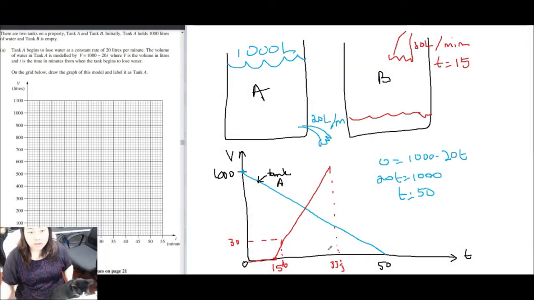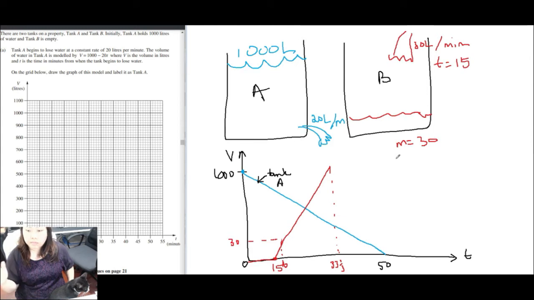I don't have the benefit of having graph paper to see where it intersects. So I'm going to do it by equation. The gradient would be 30. The graph would be moving to the right by 15.